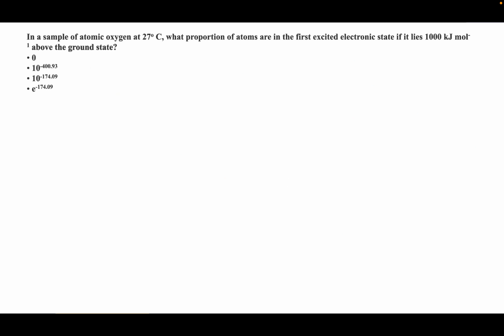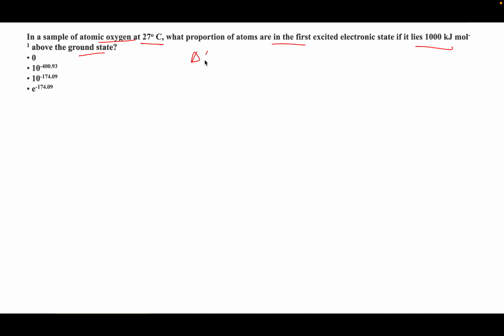Last question. Okay, I have missed this question, so this is the last question for the class. In a sample of atomic oxygen at 27 degrees Celsius, what proportion of atoms are in the first excited state if it lies 1000 kilojoule per mole above the ground state?